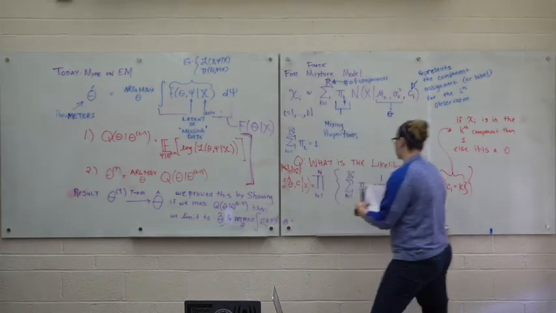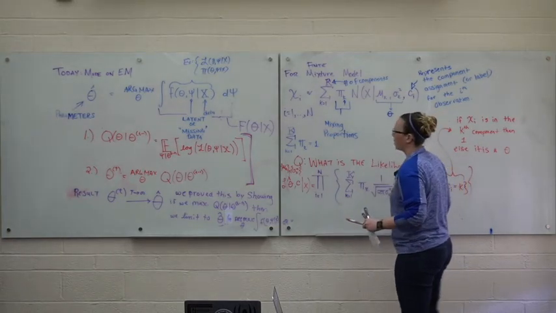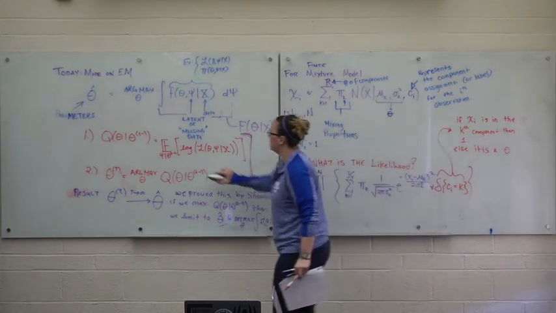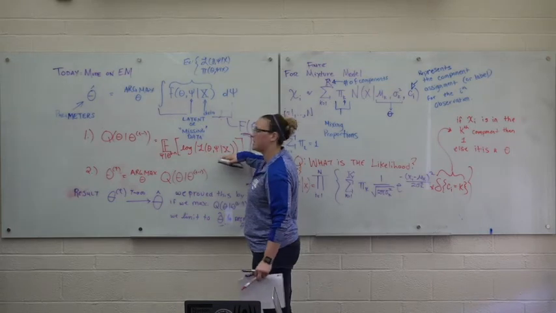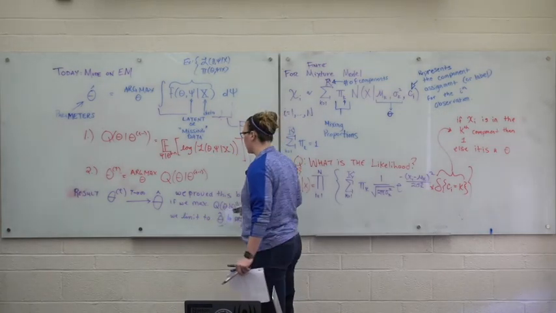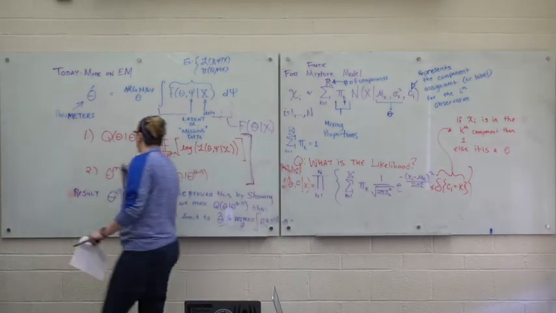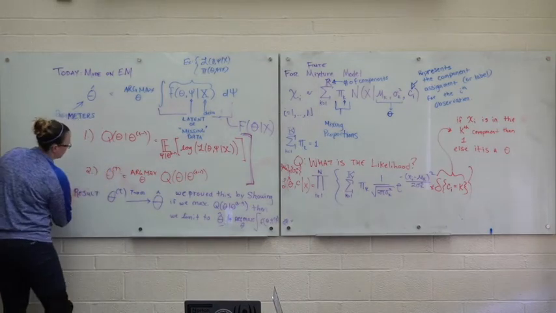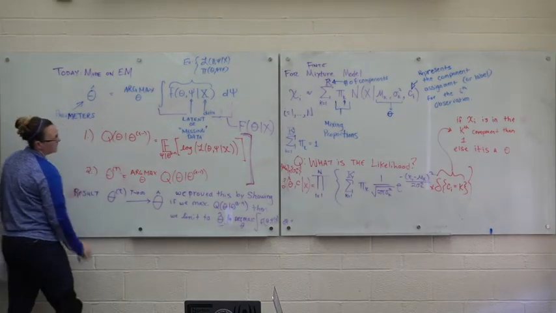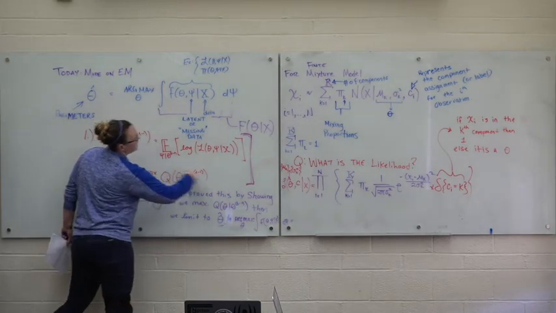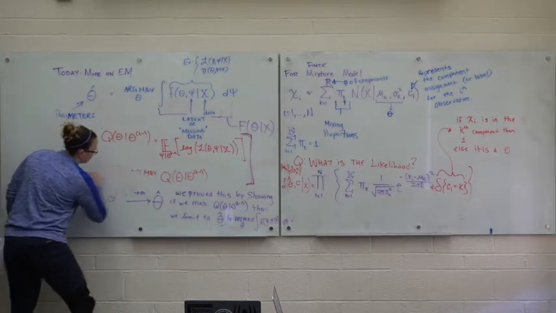Based off this, and based off what our likelihood is, we're going to start the process of figuring out step 1. And sometimes this is the harder part. So we're going to start working on figuring out the log likelihood through some steps.